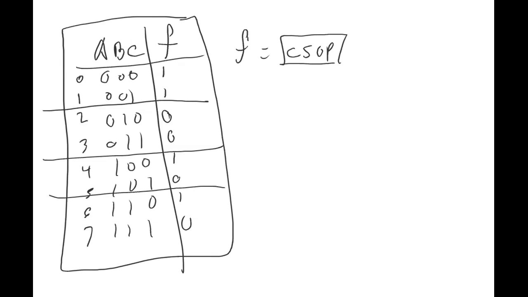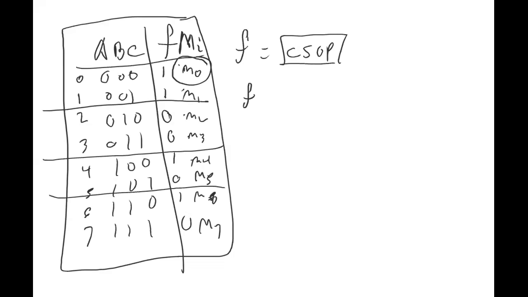This will be M0, M1, M2, M3, M4, M5, M6, M7. So anywhere there's a 1, the so-called min term, M sub I, must be available.